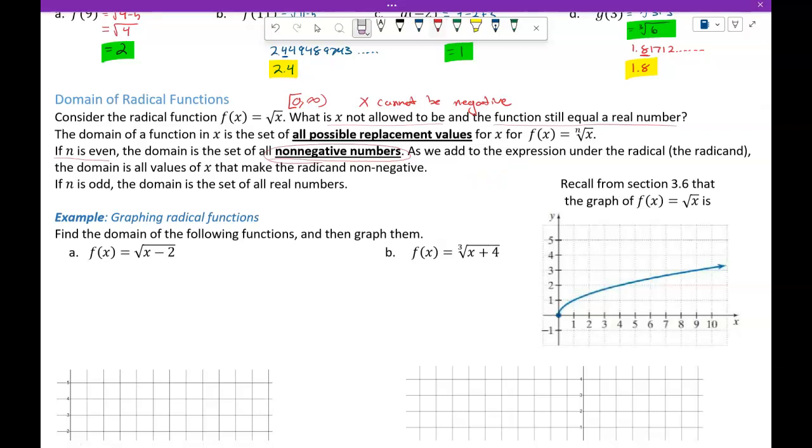The easiest way to do that is to take your radicand and set it greater than or equal to 0. And that will tell you what your domain has to be. Now, if we're dealing with odd indices, the domain will always be the set of all real numbers, negative infinity to infinity, because there's no limitation on the radicand for odd degrees.